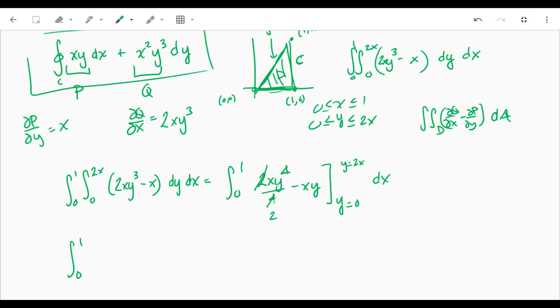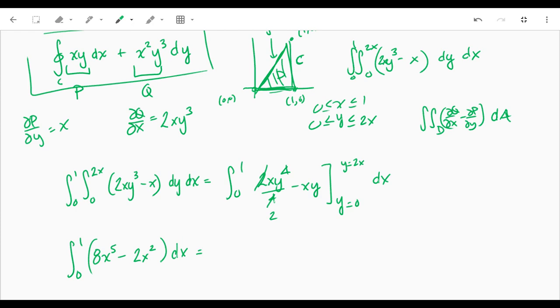So 2x to the 4th will be 16x to the 4th, so I have 16x to the 5th over 2. So I'm going to have 8x to the 5th minus x times 2x, so 2x squared. And if y is 0, I've got nothing left, so just dx.